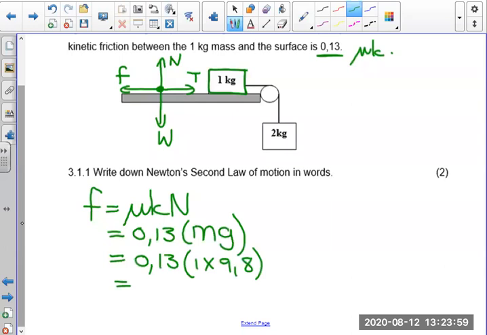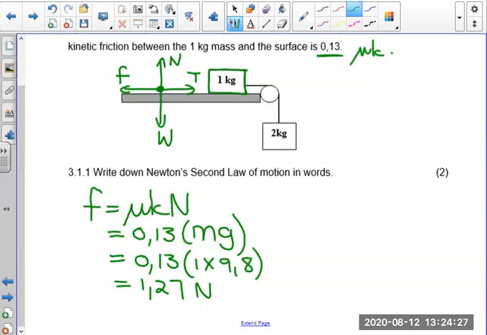The answer that we get is 1.27 newtons. And because they asked for the friction force, we have to say in which direction.